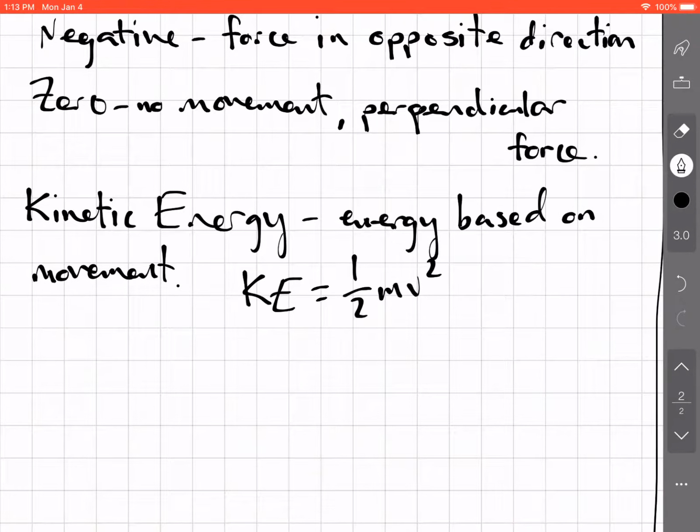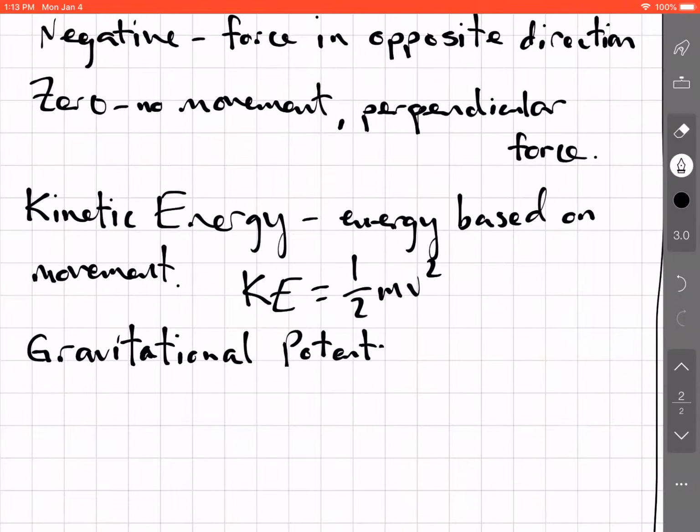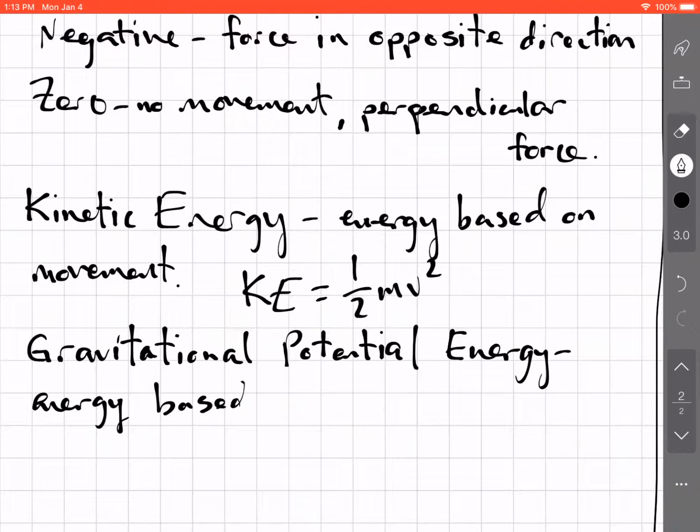And we also have potential energy. I'll usually refer to it as PE or potential energy, but technically it is gravitational potential energy because gravity is what's giving us this energy here. We'll talk about elastic potential and chemical potential and things like that. But for now, it is just gravity. So this is energy based on a height.